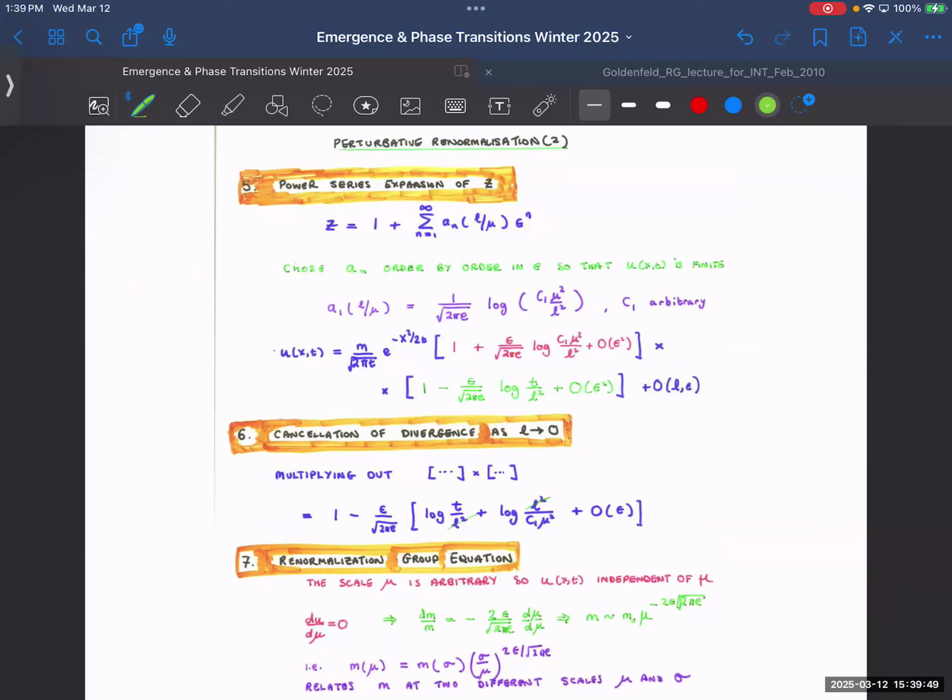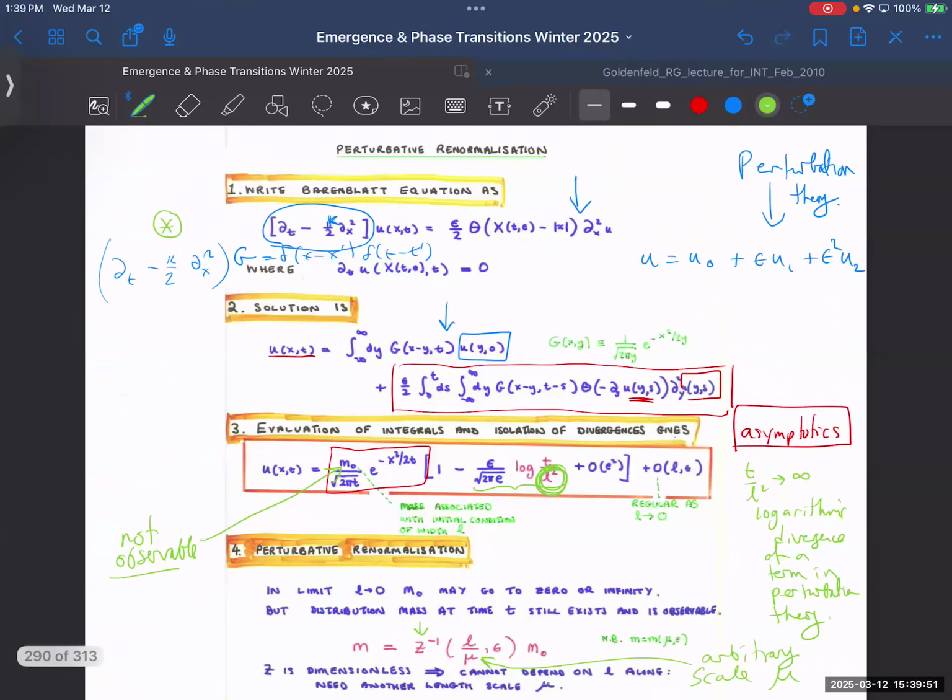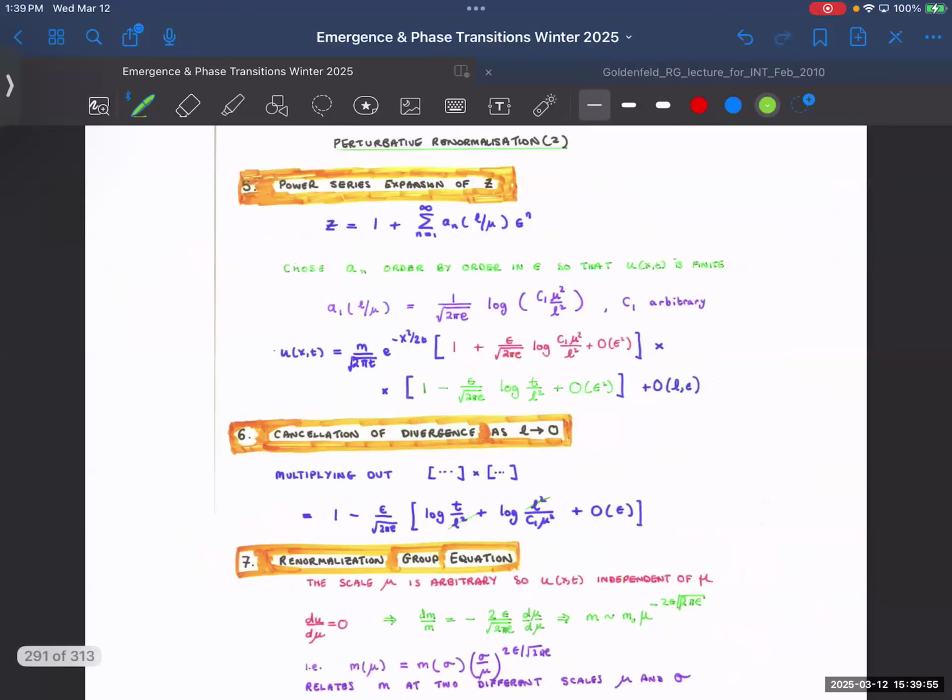Since the renormalization constant depends on L, and it depends on the arbitrary scale mu that we've introduced, the expansion has to look like this. And what the renormalization procedure does in field theory is go through order by order in perturbation theory and cancel out the divergences that you see.